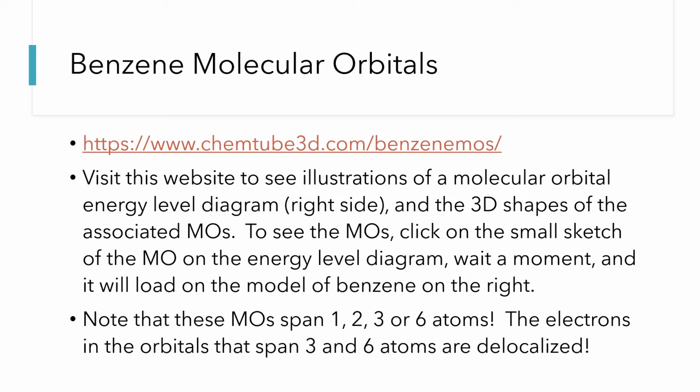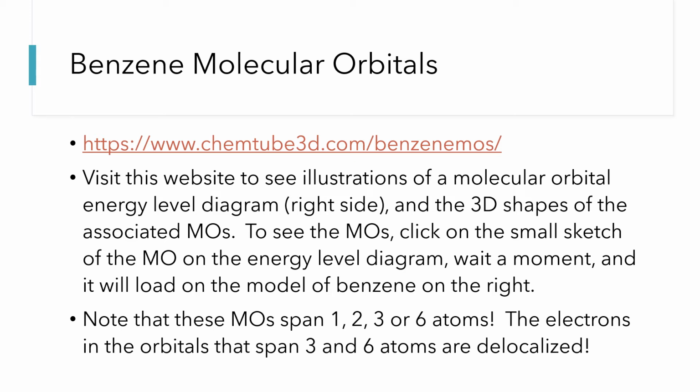The thing I like about this website is that just in one screen, it's going to show you a molecular orbital energy level diagram. That's going to be on the right side of the screen. And in little itty bitty pictures on the energy level diagram, it's going to show you sketches of the different MOs that are created for benzene.